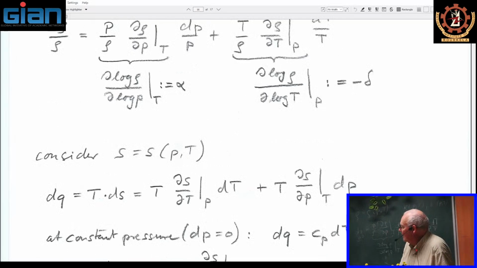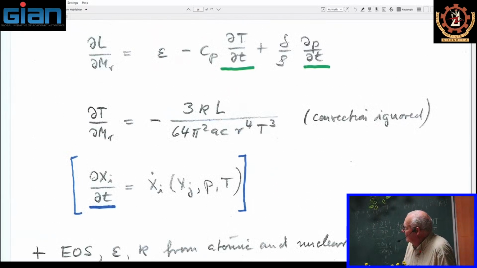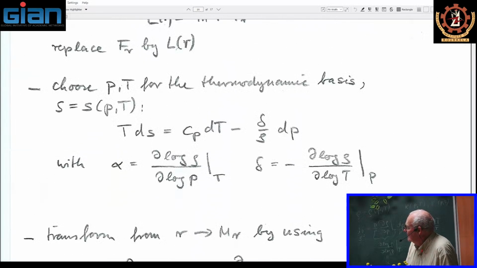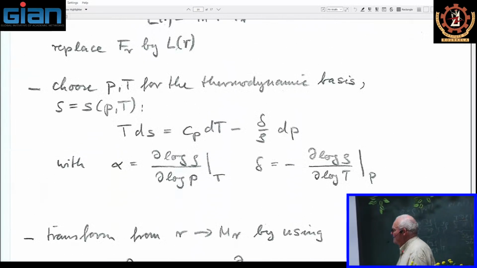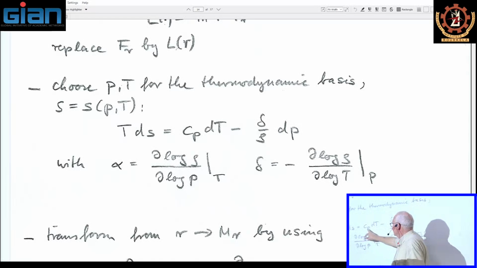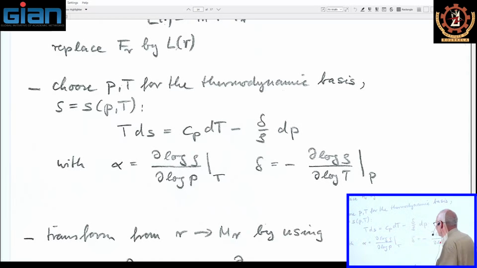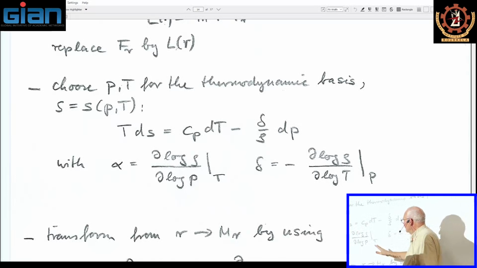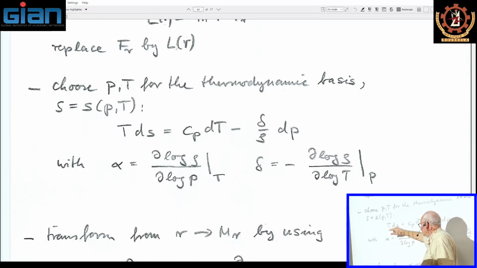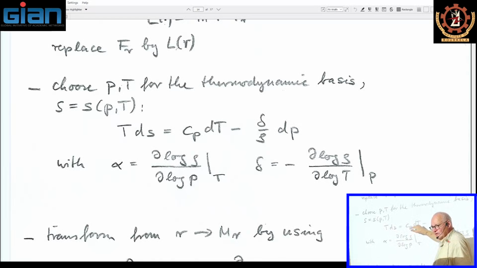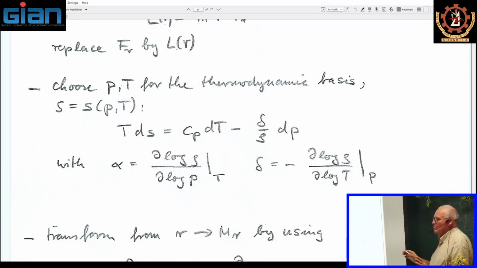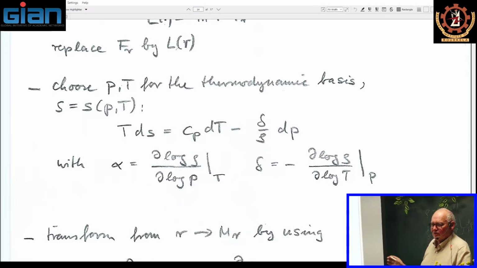Okay, so let's go back. TdS, we have now proven, can be written as Cp times dT minus delta over rho times dp. So we replace in the energy equation the derivative with time of the entropy by the derivative with time of temperature and pressure. This is one step which is done just to meet the usual notation.